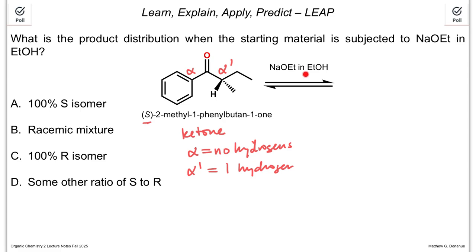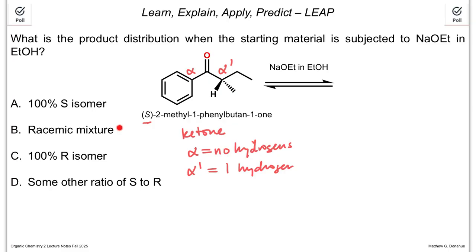Under equilibration conditions, so a weak base, a polar protic solvent, what happens to that stereo center? We run the reaction. Do we still pull out the pure S isomer? Has it converted to the pure R?